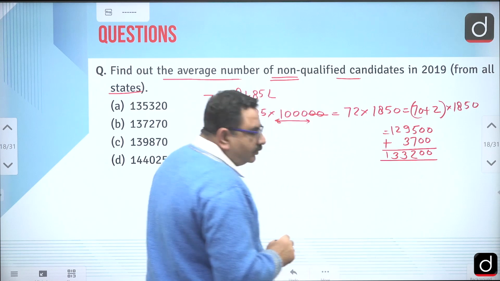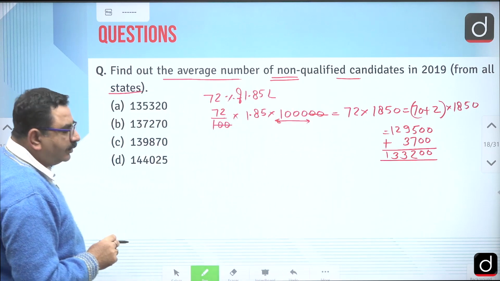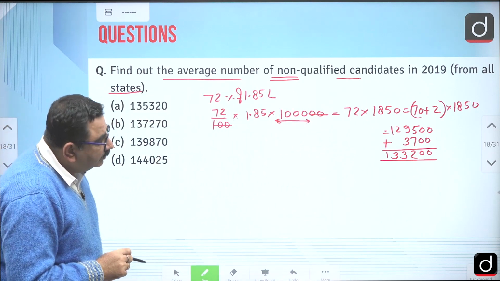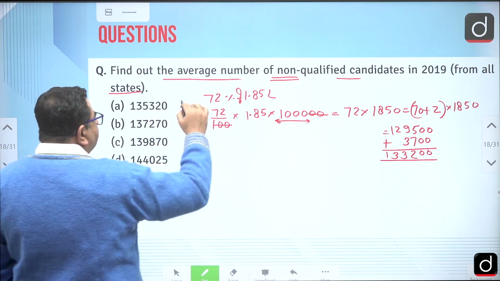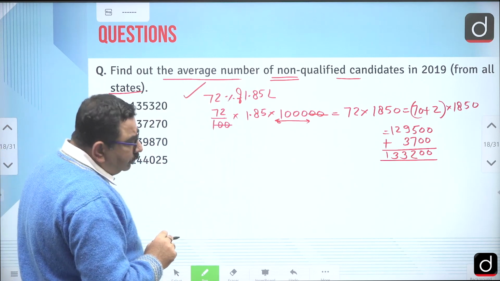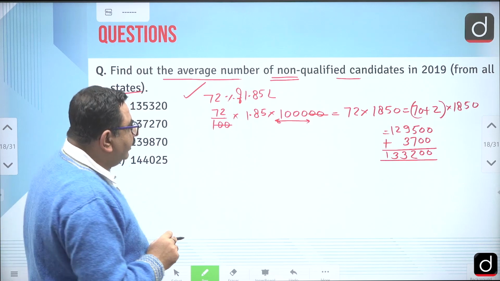So this is the value, that is 1,33,200. This is the first value, and I have shown you how we are calculating.